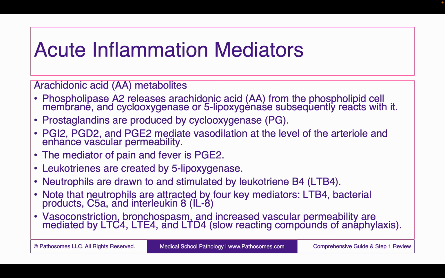Let's talk about arachidonic acid metabolites. Phospholipase A2 releases arachidonic acid from the phospholipid cell membrane, and cyclooxygenase or 5-lipoxygenase subsequently reacts with it. Now you must know this, because you will be asked. Prostaglandins are produced by cyclooxygenase.